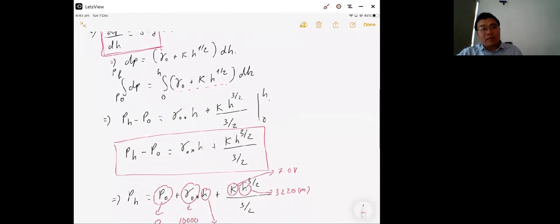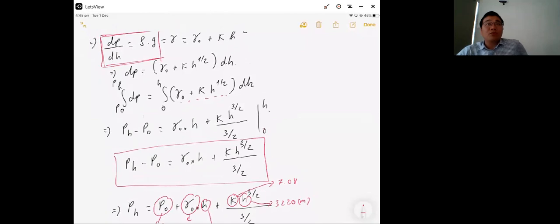You can't use PS minus PO equal to rho g S. The new equation will be PS minus PO equal to rho g S plus K S^(3/2) divided by 3/2. You have the new equation to find pressure if the density is not constant. Do you have any question?